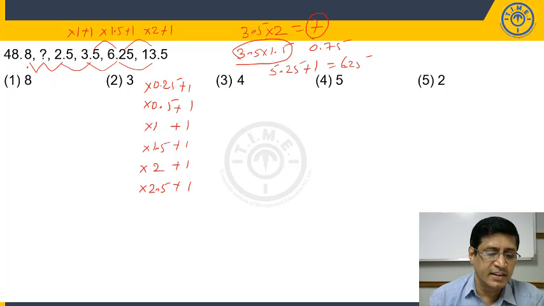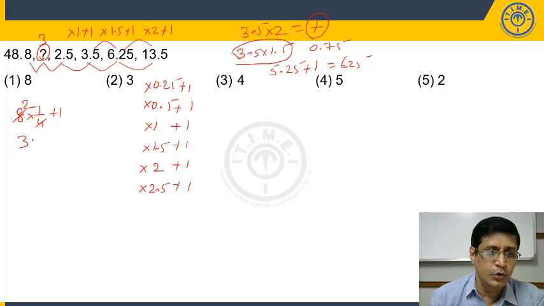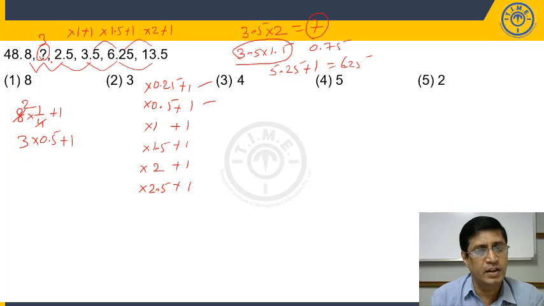What is the result here? 8 into 0.25, that is 8 into 1 by 4, that is 2 plus 1, it is 3. So 3 into 0.5, that is 1.5 plus 1, it is 2.5.